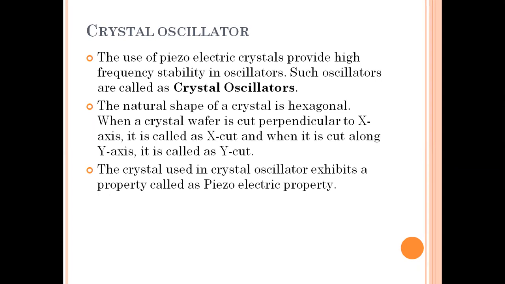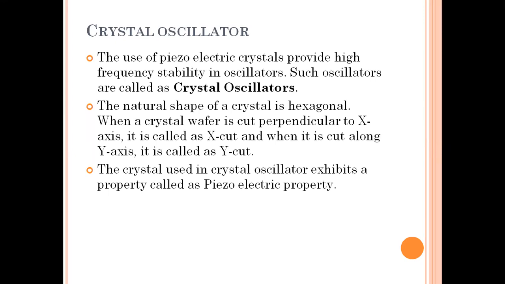Normally the shape of the crystal is hexagonal. When the crystal wafer is cut perpendicular to the x-axis, it is called x-cut. When it is cut along the y-axis, it is called y-cut. So in order to develop a crystal oscillator, we are using a crystal.